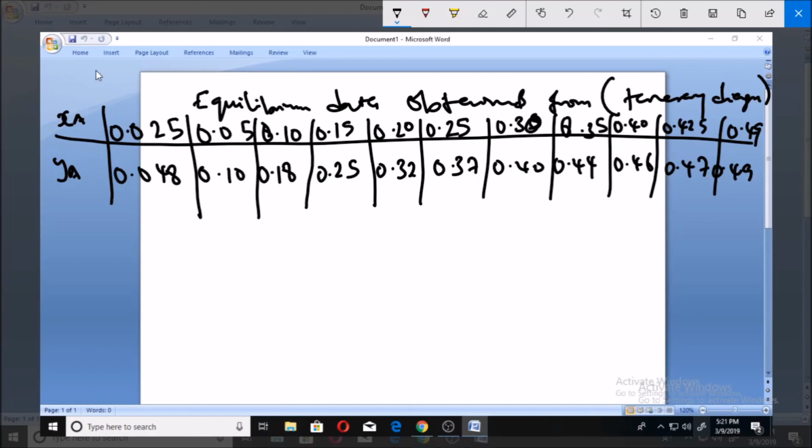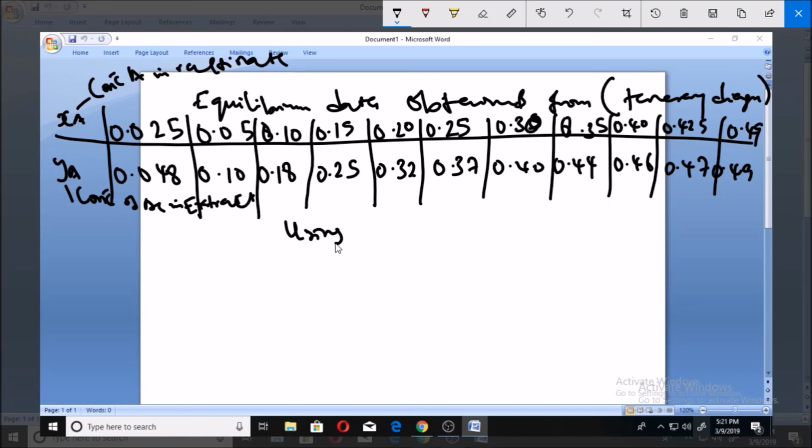So this is the concentration of the acetone in the raffinate. Take note, where this one is the concentration of the acetone in the extract. So the above is given by the ternary diagram.